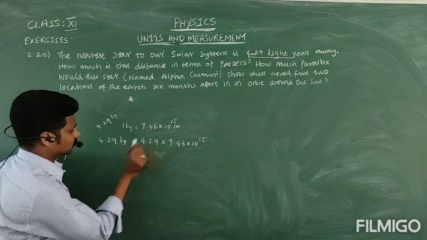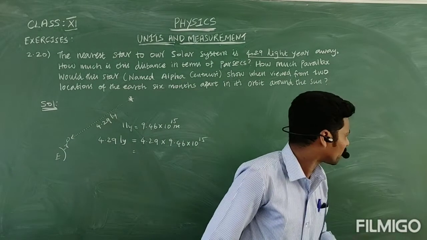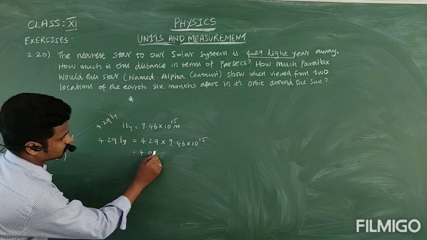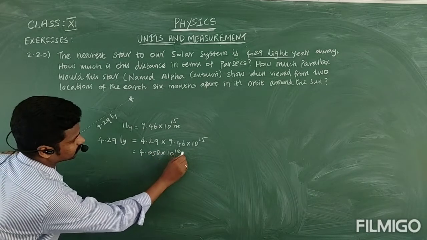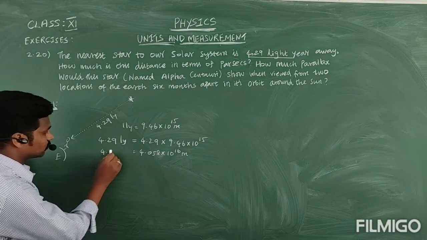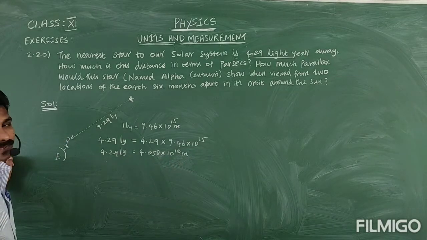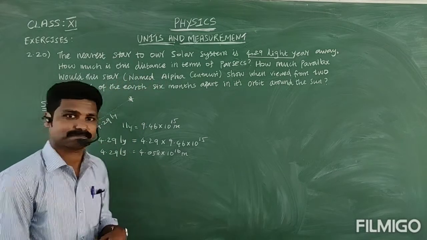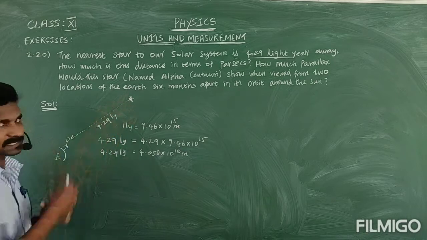This value I already calculated. That is 4.058 into 10 power 16 meter. So 4.29 light year is equal to this much meter. Then this distance we should convert into parsec.